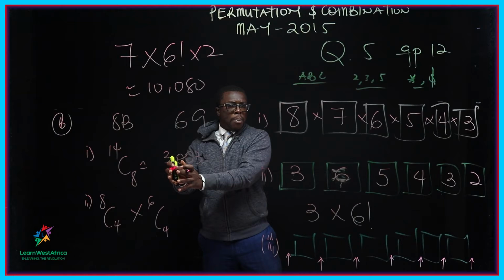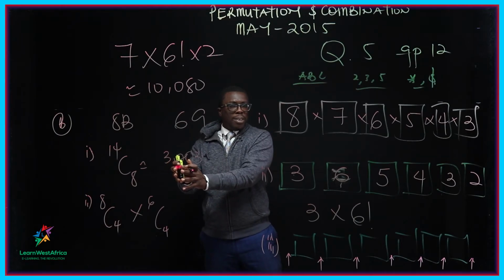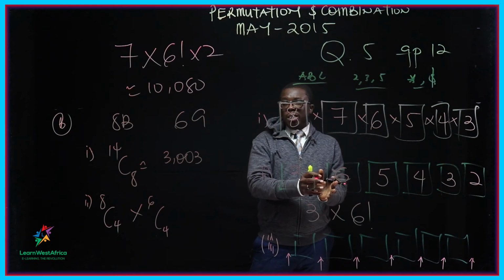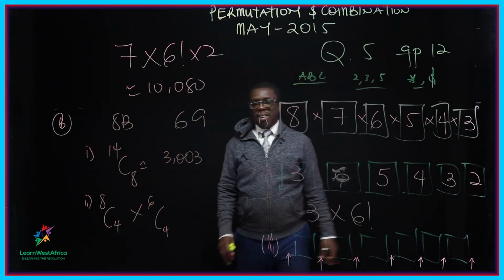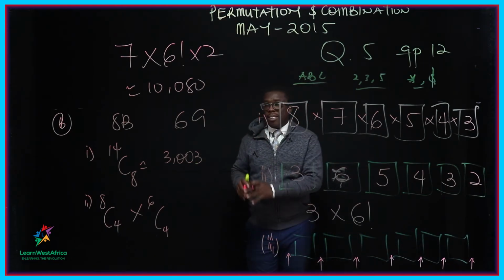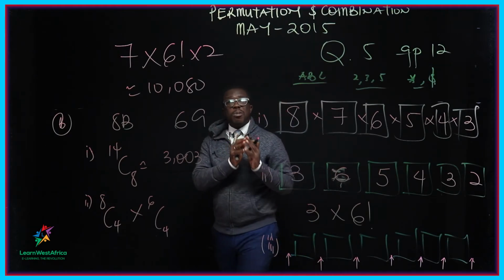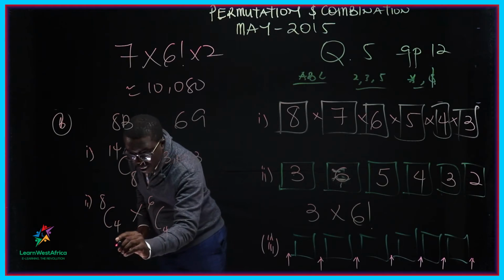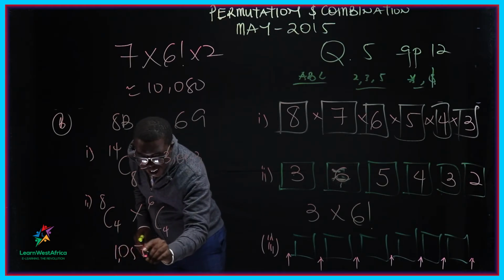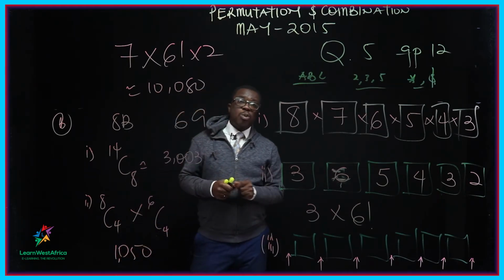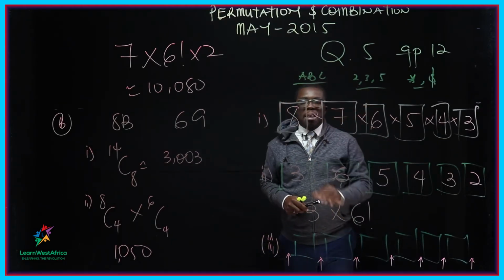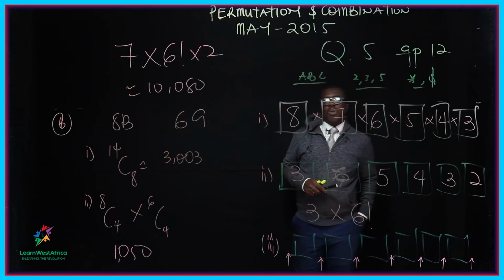And remember, "and" means multiplication in permutation and combination. And go to the girls team, they are 6, and choose 4. So the answer to the II part is 8 choose 4 times 6 choose 4. And when you're able to do that, ladies and gents, you get 1,050 selections, which means that we can produce 1,050 teams if this is the arrangement that we want to have.